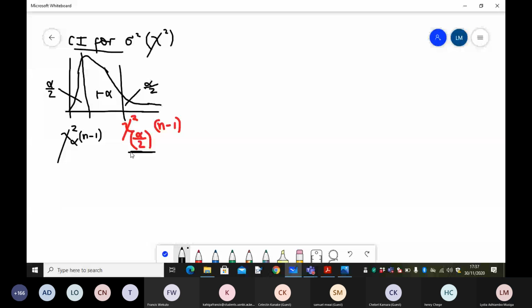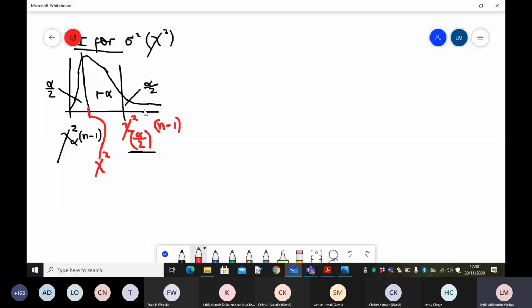Now, when we want to read the critical value which gives us the alpha over 2 area to the left, what are we going to read from the chi-square tables? We shall read chi. Remember, we are reading the area to the right.